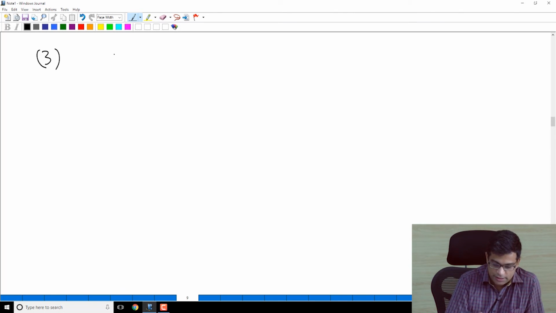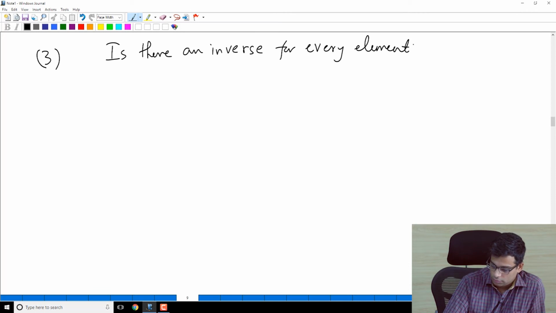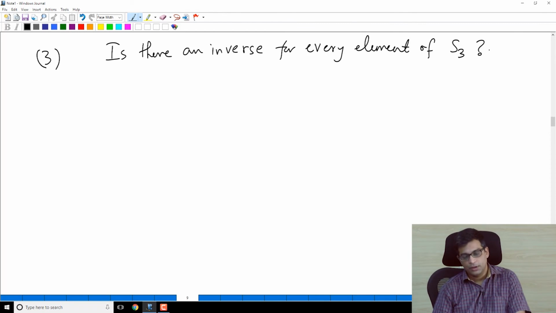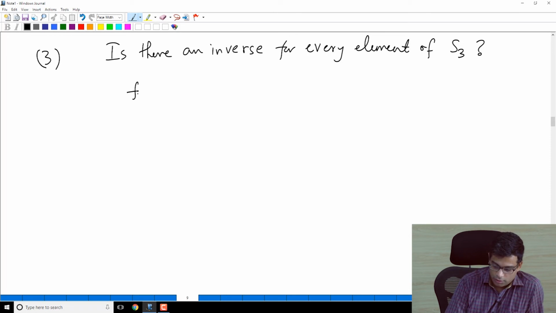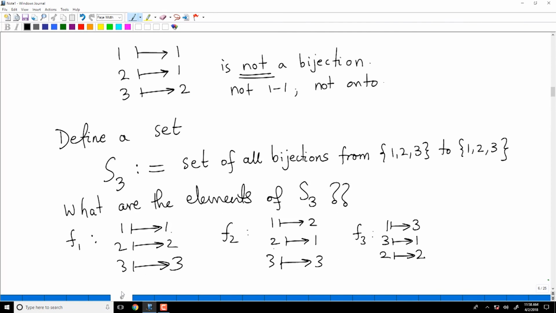Now, the third property, interesting property: is there an inverse for every element of S3? There is. For example, if you do F1 composed with F1, which is often, for convenience of notation, denoted as F1 squared.